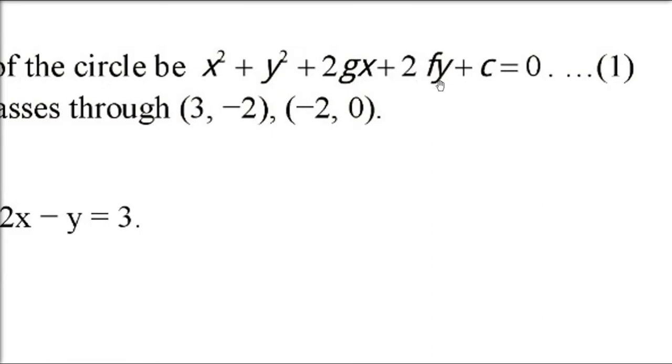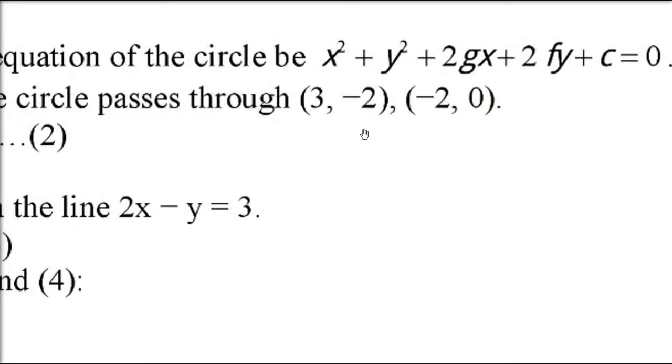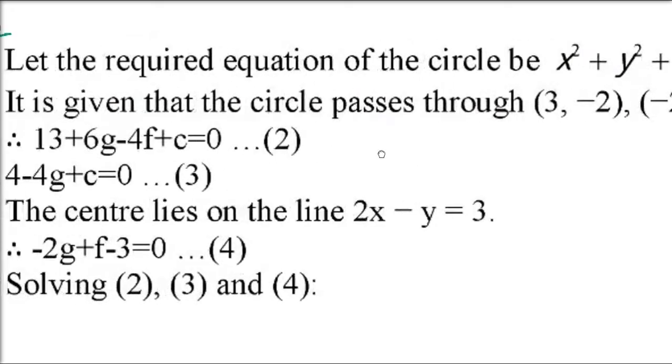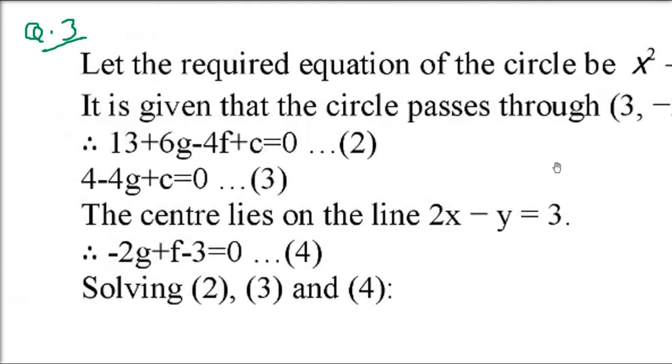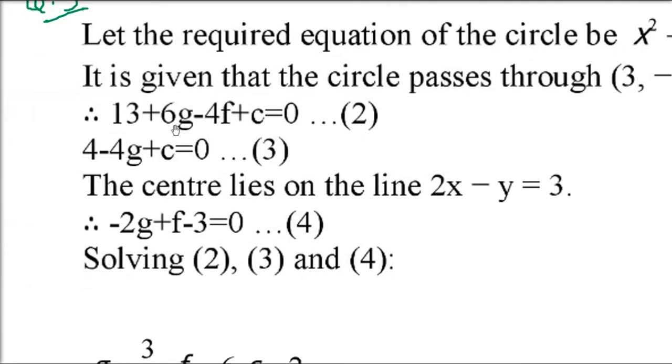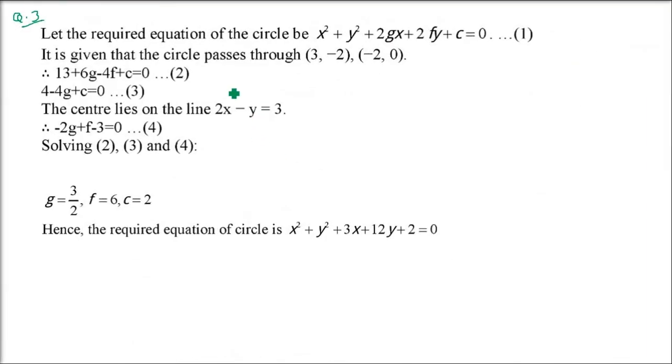This equation you have to keep always in your mind: x square plus y square plus 2gx plus 2fy plus c. And it is said that the circle is passing through these 2 points, 3, -2, and -2, 0. So when you put 3 and -2, you'll get an equation. Then you put the other coordinates, -2 and 0. So 2 equations you have found.